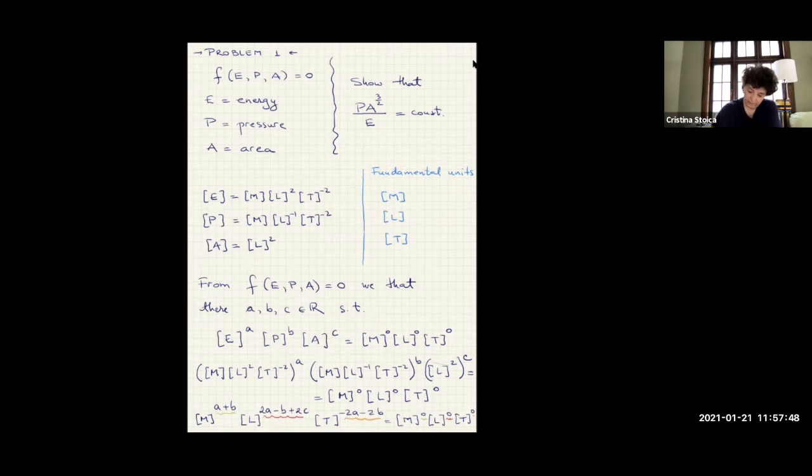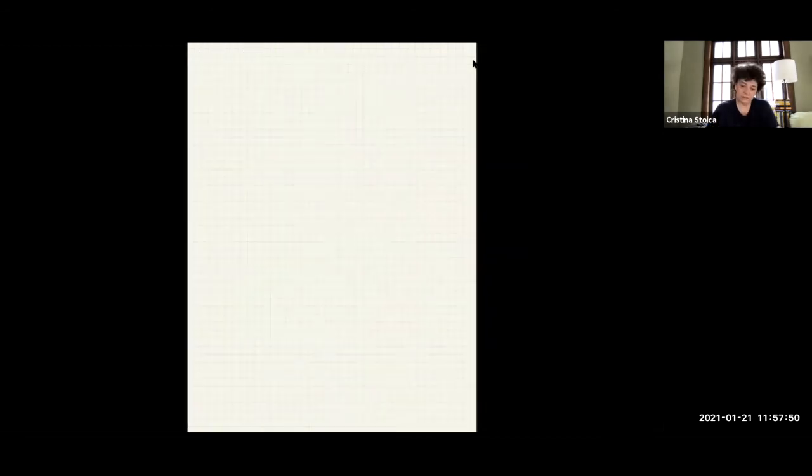Let's write this linear system. It's a plus b equals 0, and then 2a minus b plus 2c must be 0, and then minus 2a minus 2b must be 0.